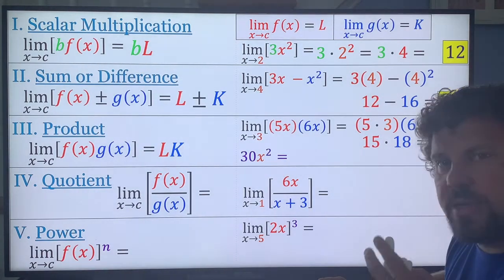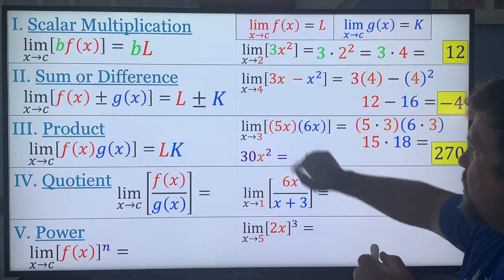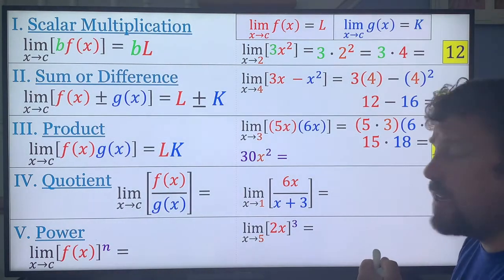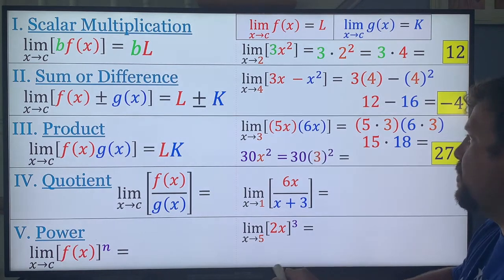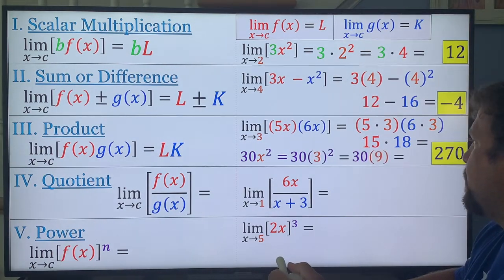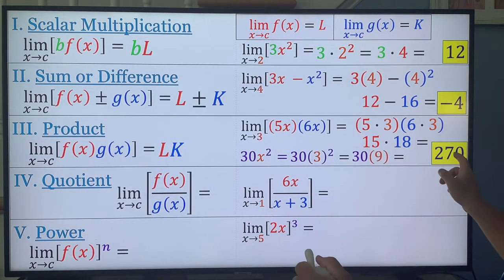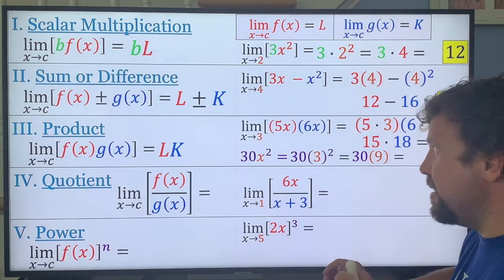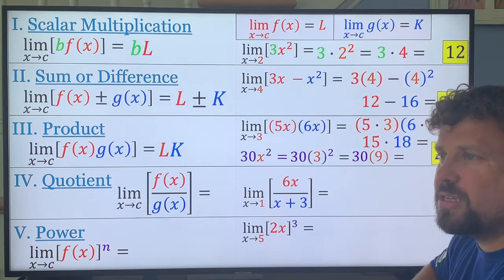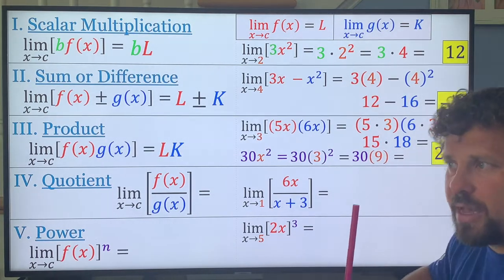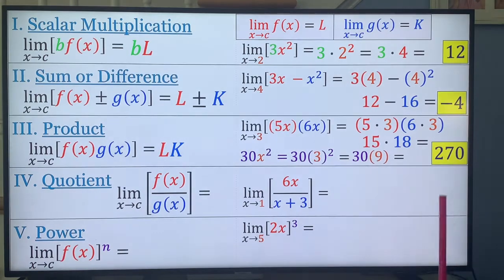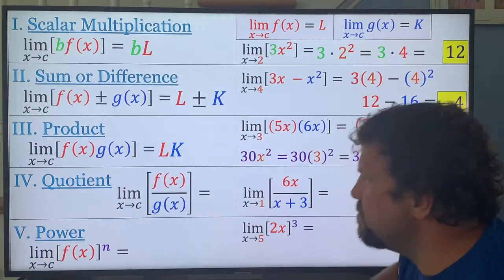Could you solve it this way, do you think? Well, let's check. If you multiply the two functions by each other in the beginning to create one big function, plug the 3 in. 30 times 3 squared, 30 times 9 is also 270. There you go. So you can do it that way. The only time it would not work is if your answer is undefined. Then you'd probably want to go back to breaking it up and actually separating everything. Got it?